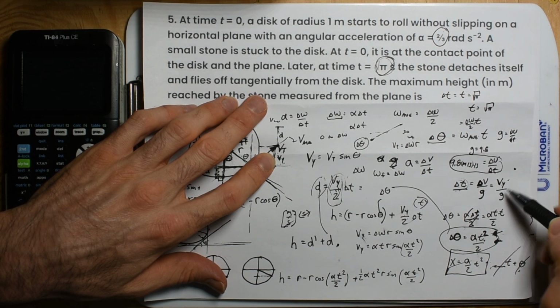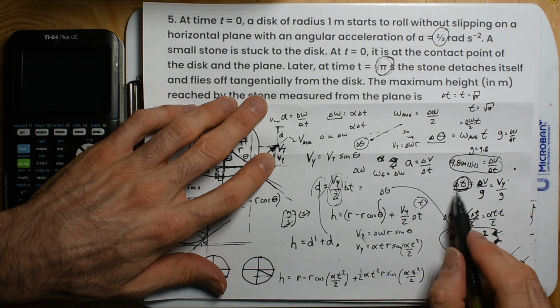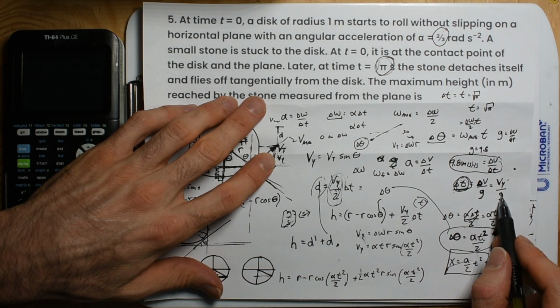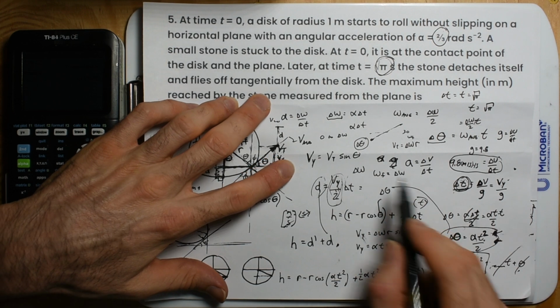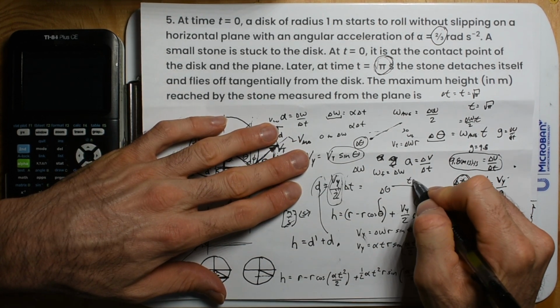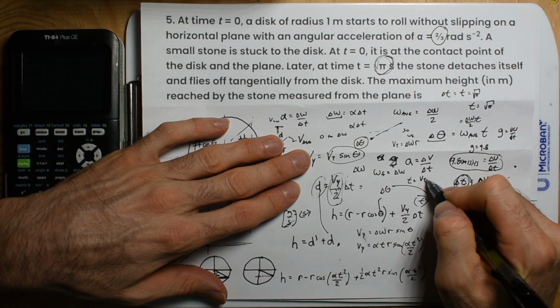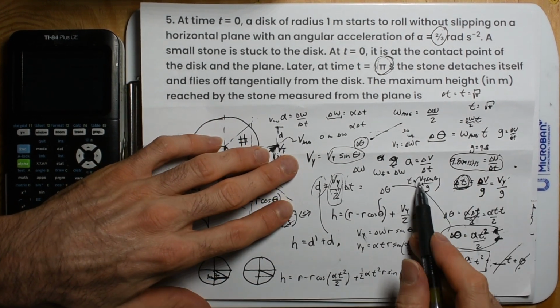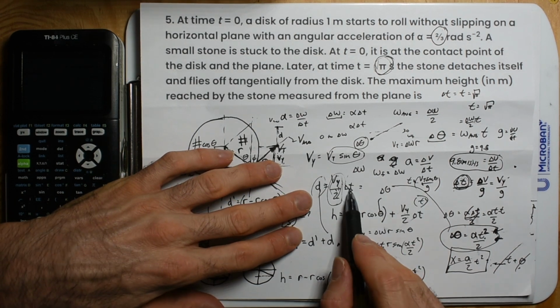And then, heck yeah, there's our time term, Vy divided by g. And Vy is Vt sine theta, so time is Vt sine theta divided by g. But this time component then comes in right here.